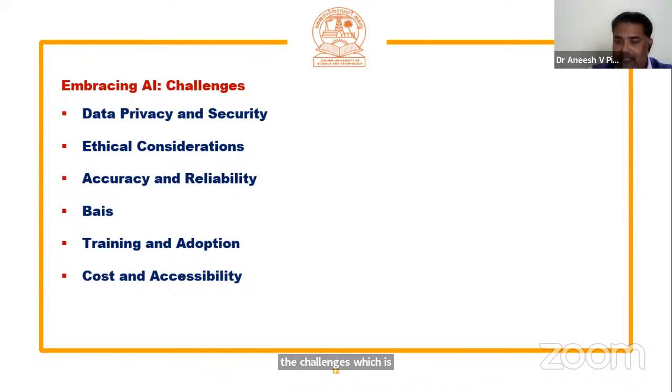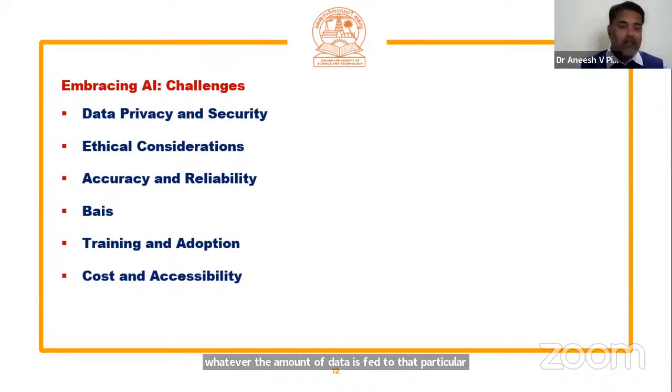First one is data privacy and security. Every AI tool creates this concern because AI functions based on data, a large or vast amount of data. Whatever the amount of data fed to that particular tool will determine the quality of that tool.